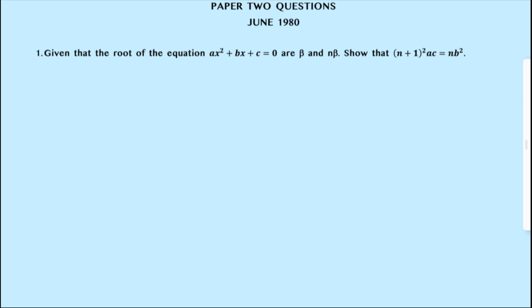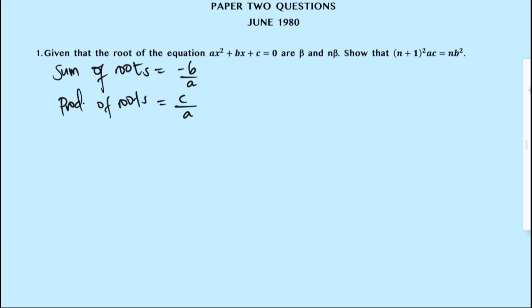Okay, so first thing we have to know is that the sum of roots for a quadratic equation is negative b over a, and the product of roots is c over a. Now, a, b, and c are just practically the coefficients right over here, so it just matches on, so we can just move on.